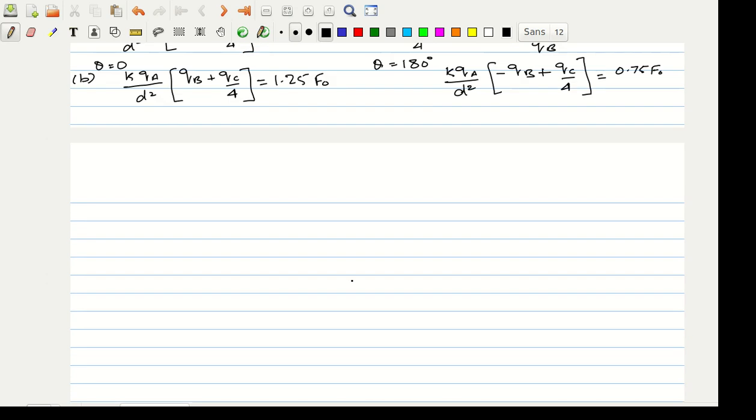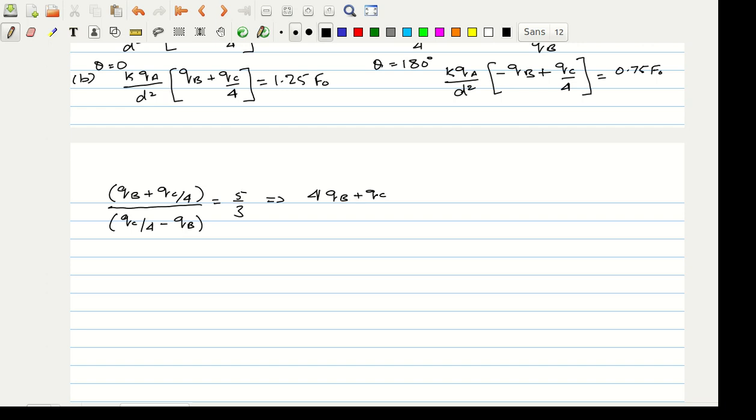If you divide it, you will get (qb plus qc by 4) divided by (qc by 4 minus qb) is equal to 1.25 by 0.75. So this should be 5 by 3, right?